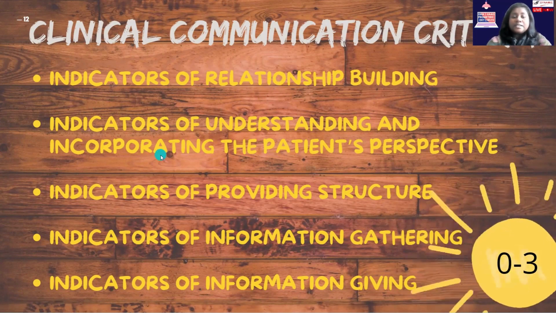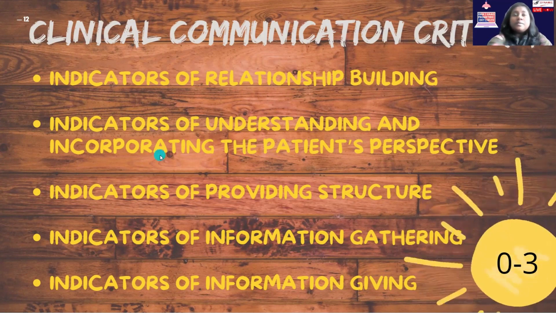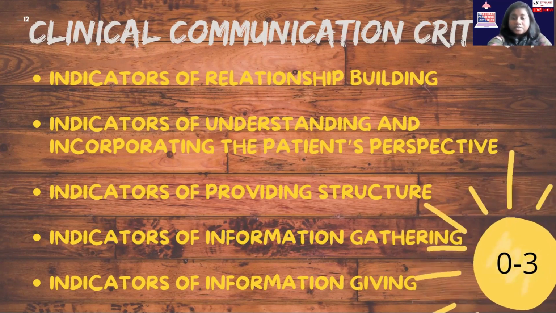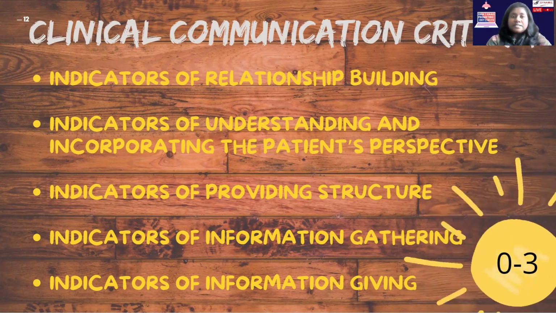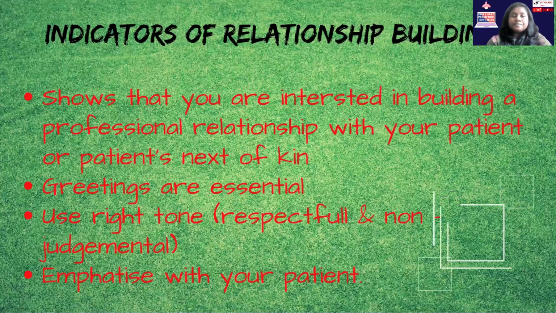Then comes indicators of understanding and incorporating the patient's perspective. Then indicators of providing structure, and indicators of information gathering and information giving. So we are going in detail with each of the criteria.